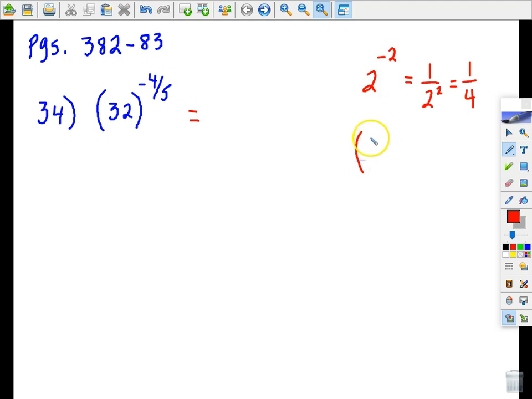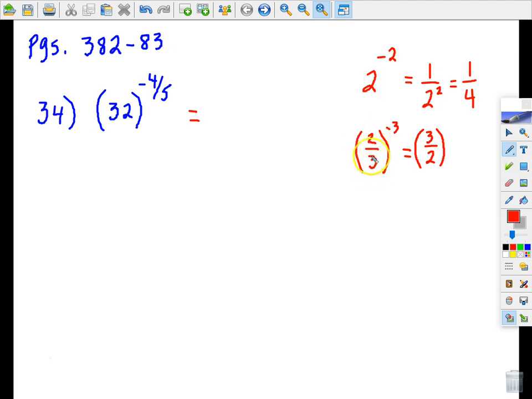A couple more examples. The fraction, for example, 2/3 being raised to the negative 3. Well, as a positive exponent, and we always want to change negative exponents into positive, that's going to require that I look at this base, in this case it's 2/3, and I write its reciprocal. So the reciprocal of 2/3 is 3/2.